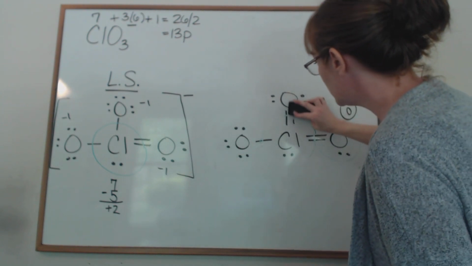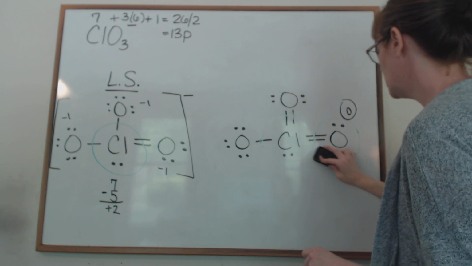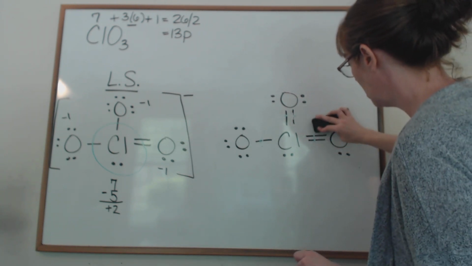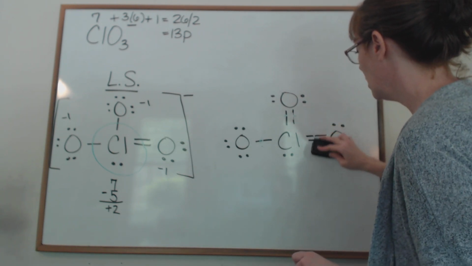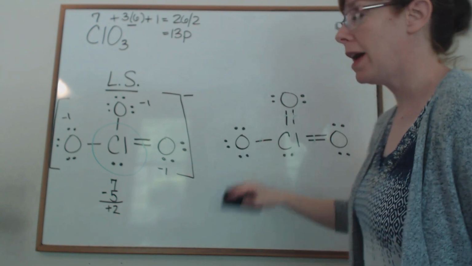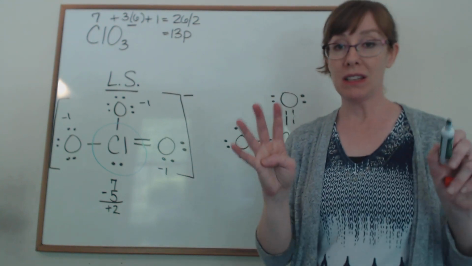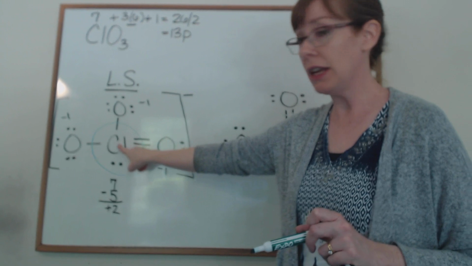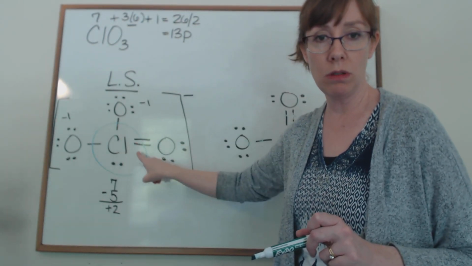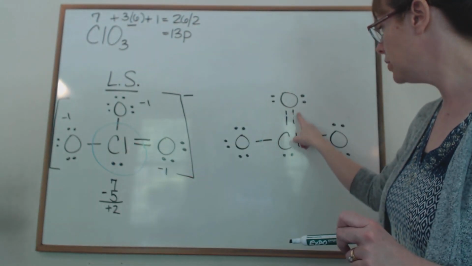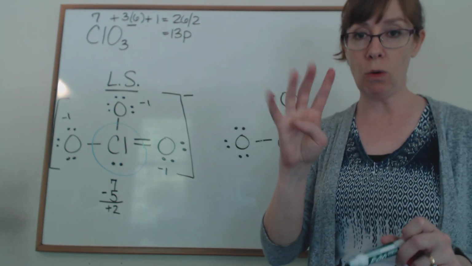However, I want you to notice something really useful and maybe reassuring. Either way, the number that determines everything around the central atom, 1, 2, 3, 4, is still 4.